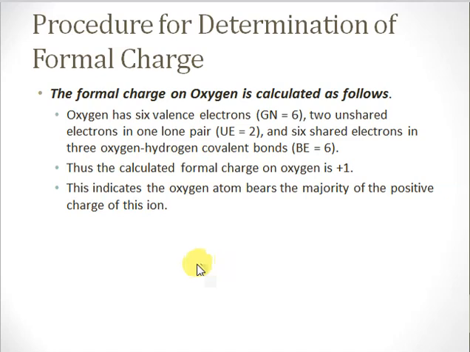The answer is positive 1. It means that the oxygen in the hydronium ion has the positive charge on it. There's no charge on hydrogen, only on oxygen.